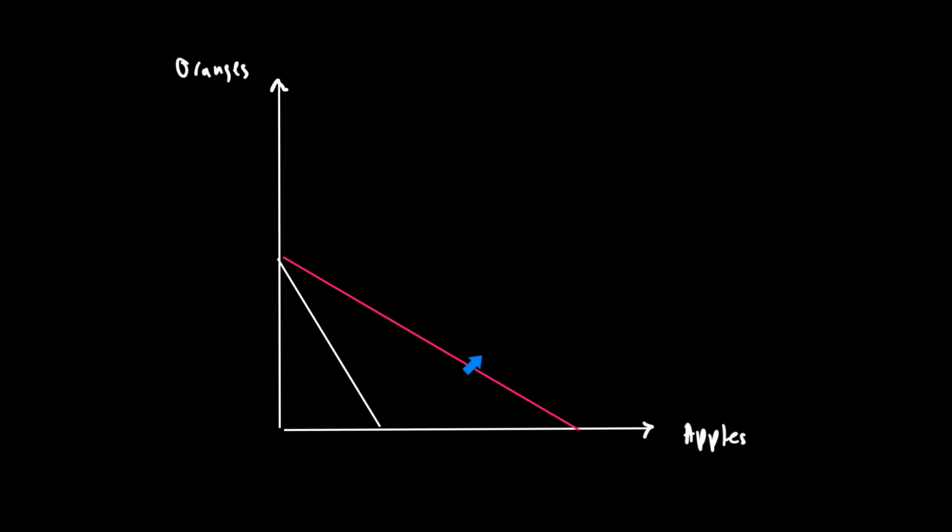Somehow what I need to do is remove my income effect from this to find out my substitution effect. In other words, when I'm trying to find out my substitution effect, I need to keep income constant. Keeping income constant means removing income from this pink line to isolate my substitution effect.